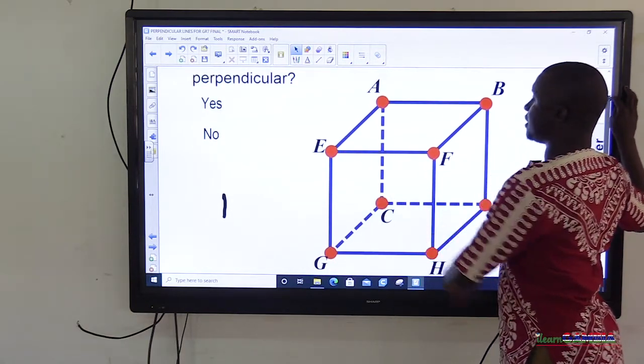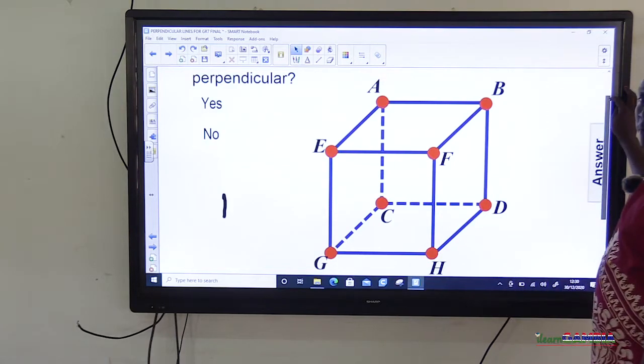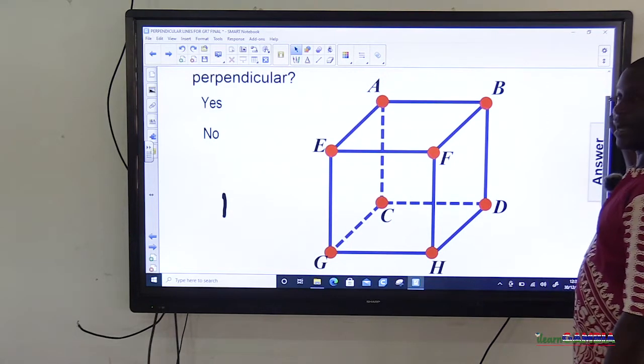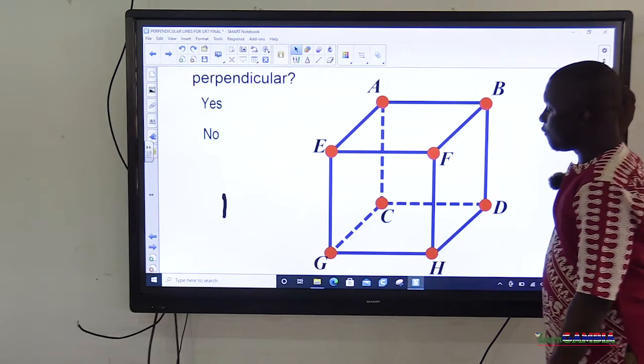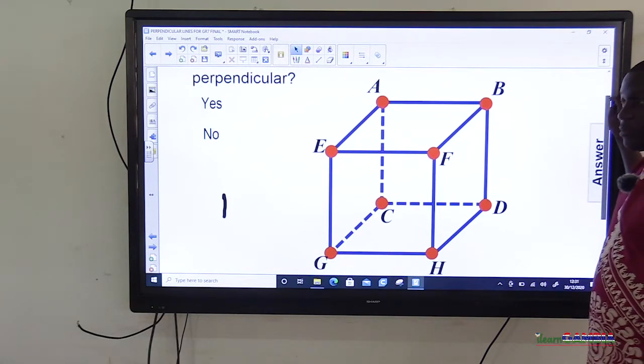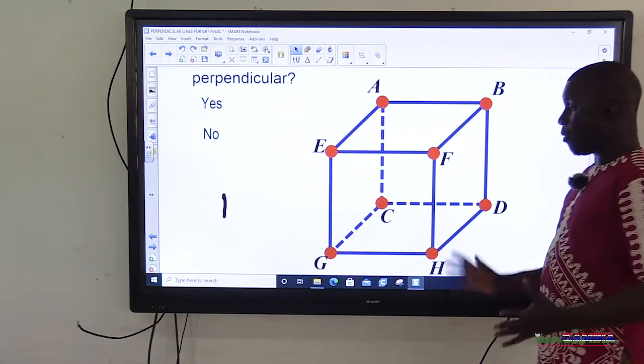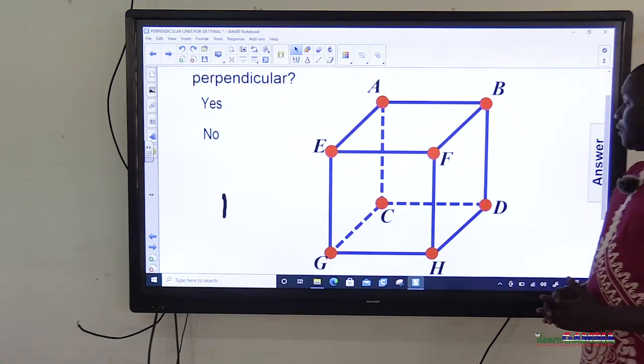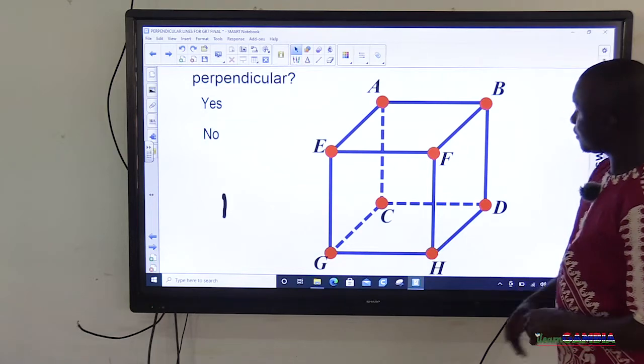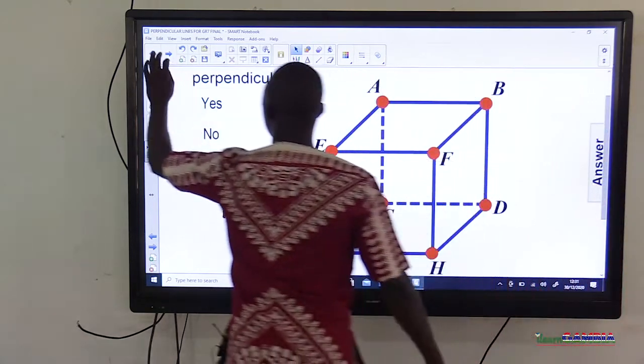EF and CD, as you can see, are not perpendicular. They didn't meet, and therefore they didn't form a right angle. Before you form a right angle, there must be a point of intersection. Now there is no point of intersection, talk less of forming 90 degrees. We move on to the next slide.